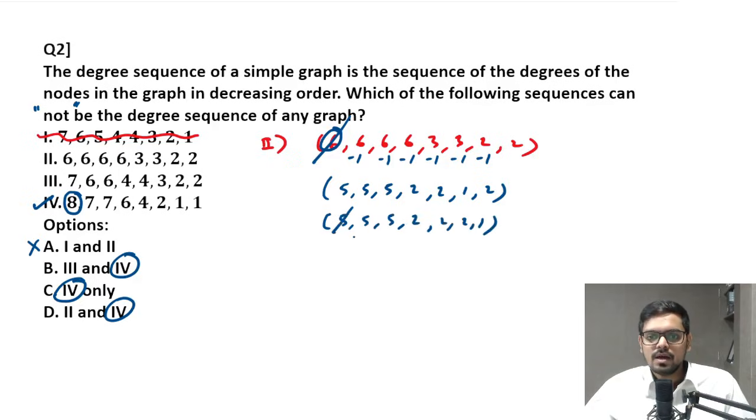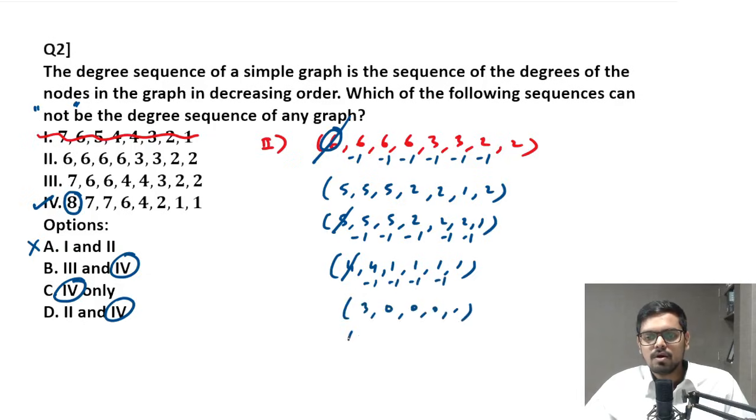Now remove this 5, 1 time, 2, 3, 4, 5 times. Now do the calculation: 4, 4, 1, 1, 1, 1. Is it decreasing? Yes. Remove this 4, 1 time, 2, 3, 4 times. Do the calculation: 3, 0, 0, 0, 1. Now sort: 3, 1, 0, 0, 0. If you now decrease, you will get a negative degree. Negative degree is not possible. So this degree sequence is not possible.